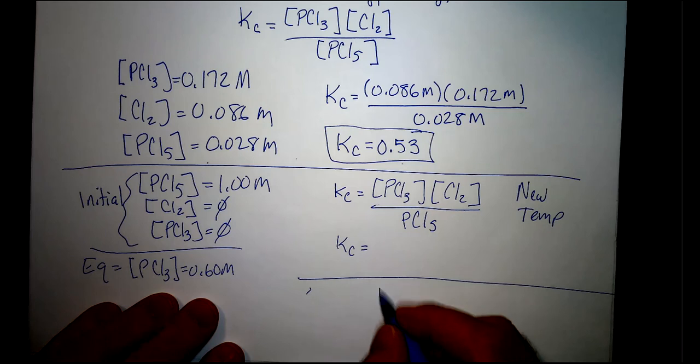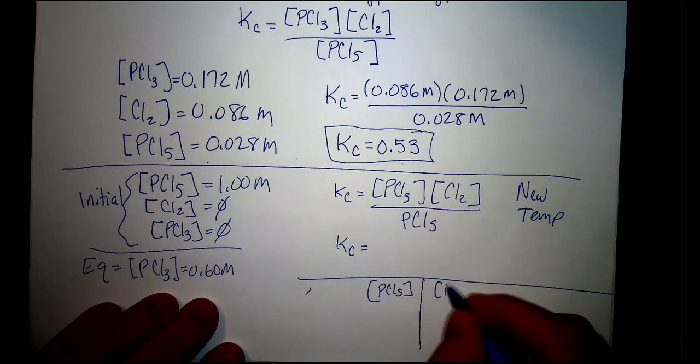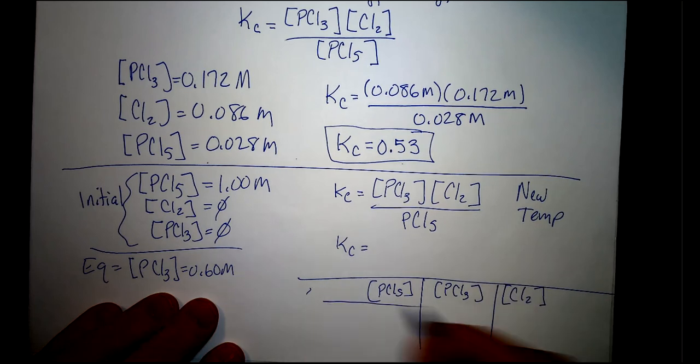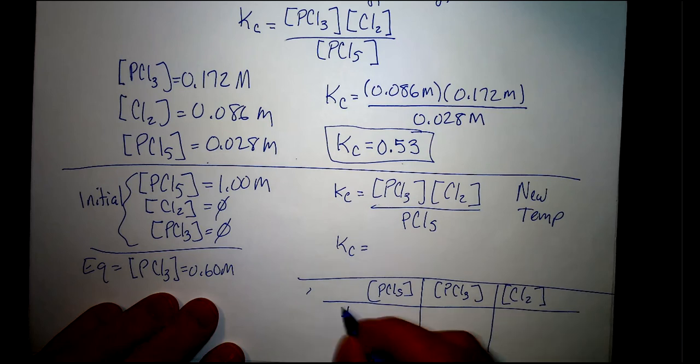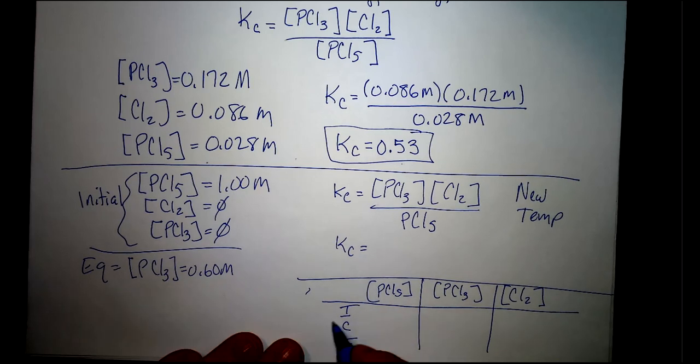So PCl5 concentration, PCl3 concentration, Cl2 concentration. Now we're going to look at the initial amounts, how much it changes, and what it is at equilibrium. That's why we call it ice, because if you read that across, it says ICE.